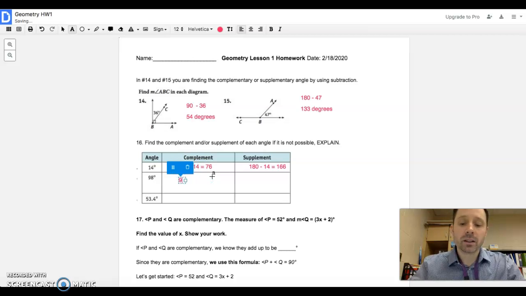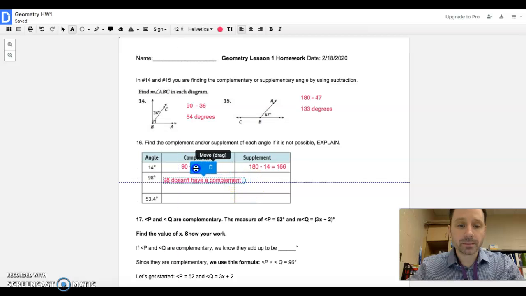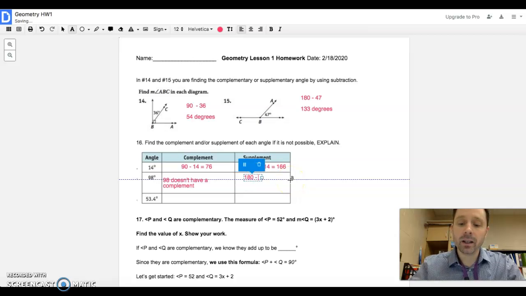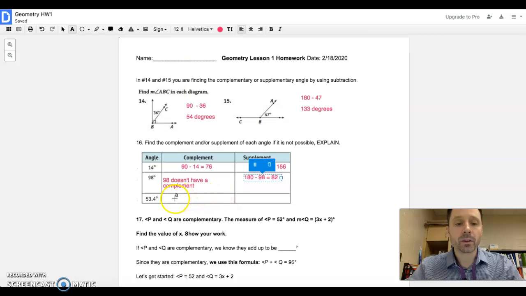So 98 doesn't have a complement because it's greater than 90, but we can do 180 minus 98 here, and we're going to get 82 degrees.